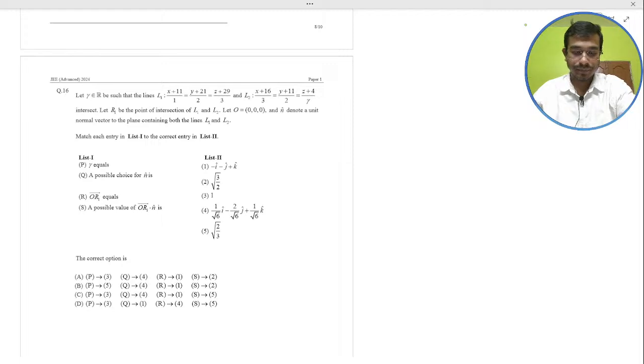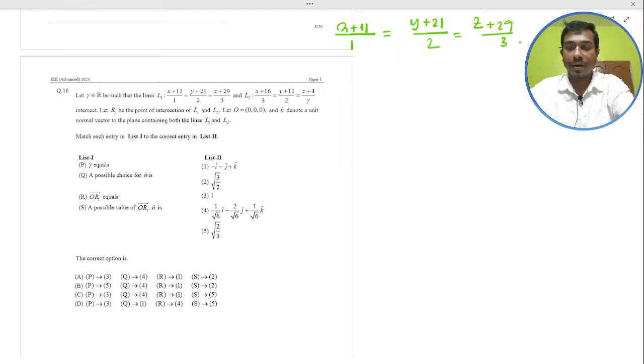Here, simple. (x plus 11) by 1 equal to (y plus 21) by 2 equal to (z plus 29) by 3 is alpha. (x plus 16) by 3, (y plus 11) by 2, (z plus 4) by 4, that is beta.